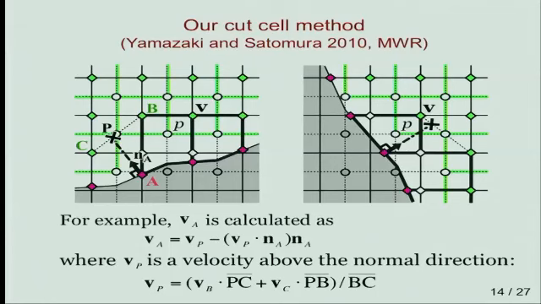Here, the velocity VP is calculated first, and VA is set to the tangential component of the velocity VP to the surface.